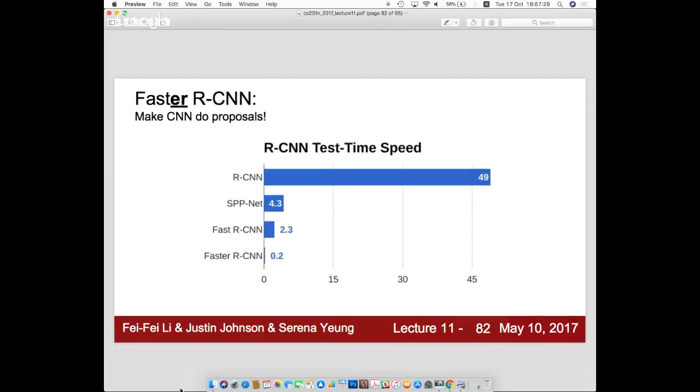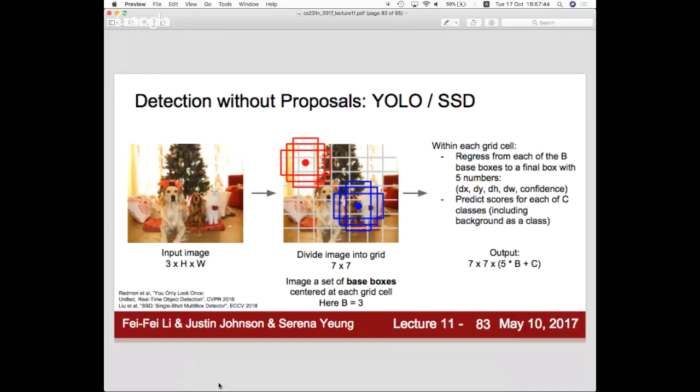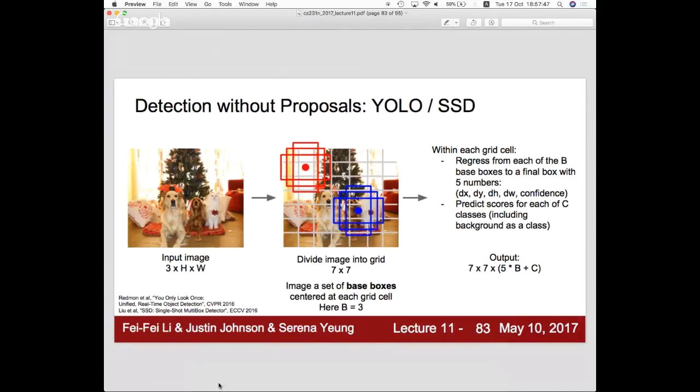And these are the separate test times. You can see Faster RCNN is a quantum improvement in speed. This is not even registerable in the overall scheme of things. Okay, questions?